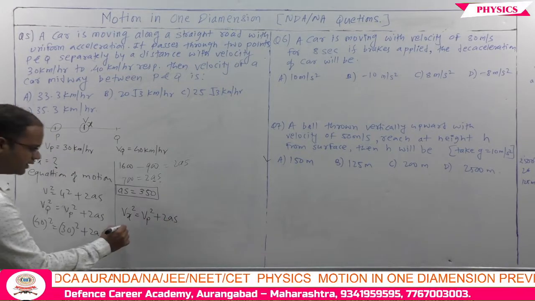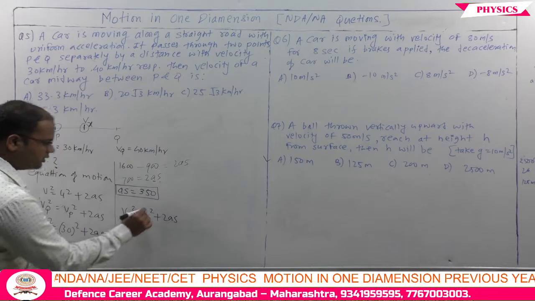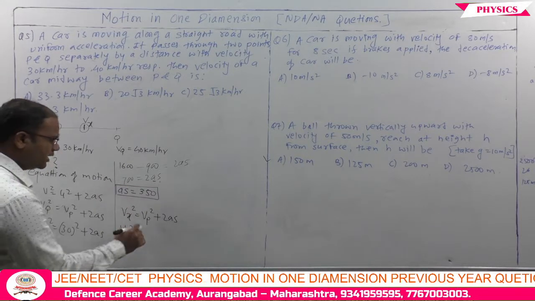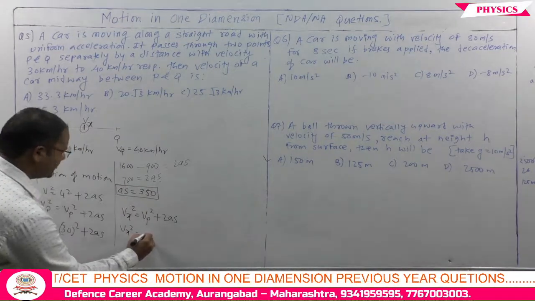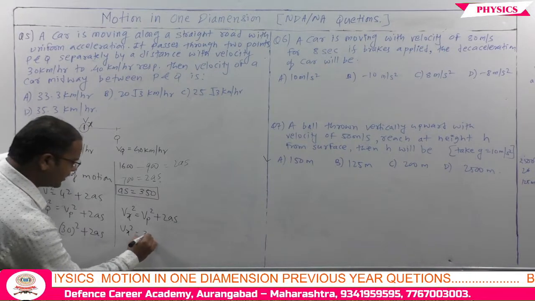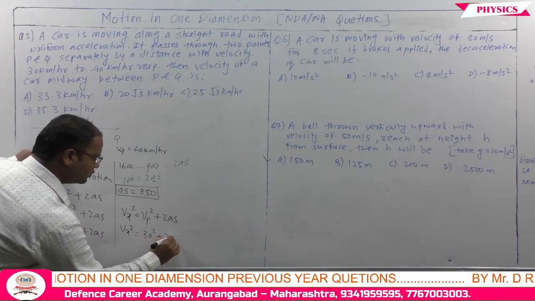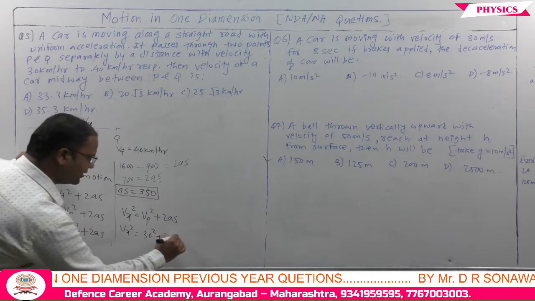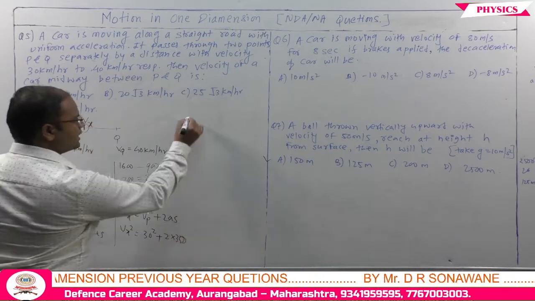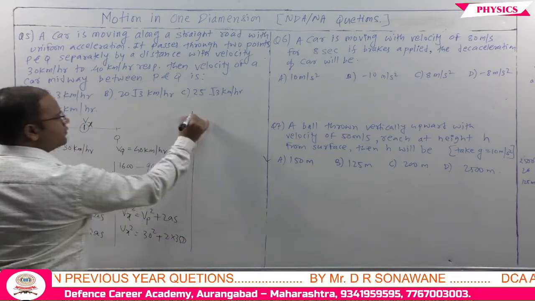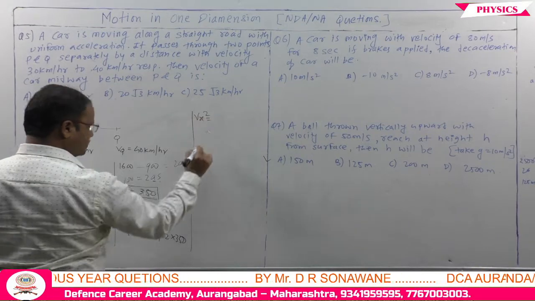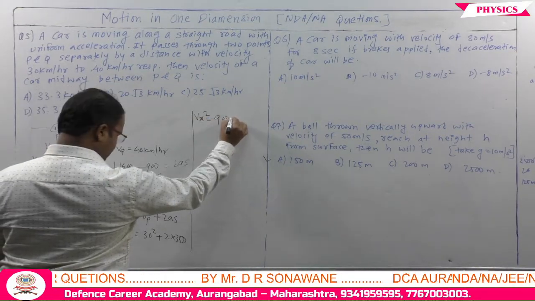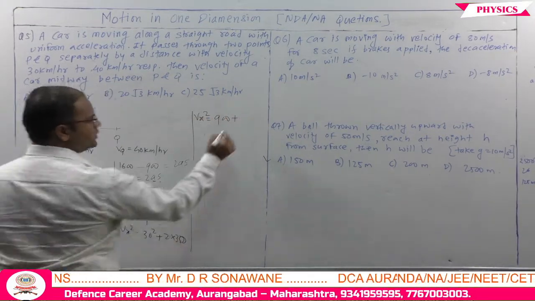If we put it here, Vx square will be what? Vp square is 30 square plus 2 into as, which is 350. So by solving it, Vx square equals 30 square, that is 900, plus 350 into 2, that is 700.